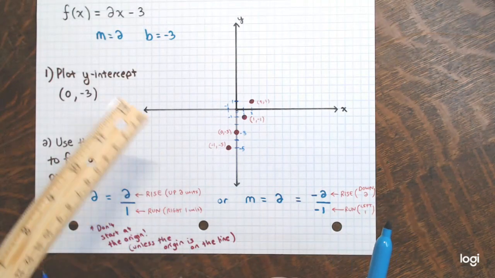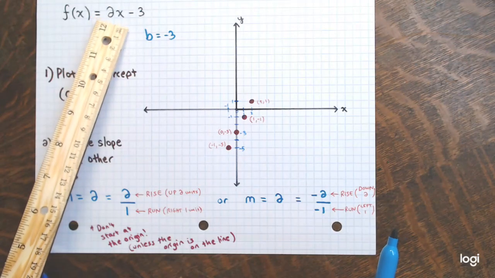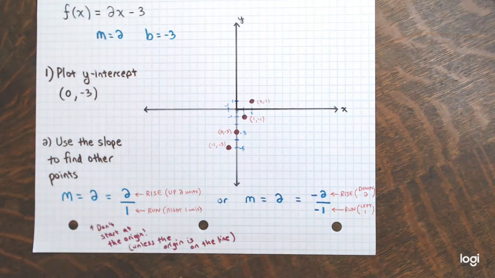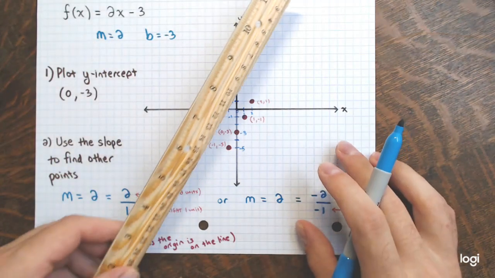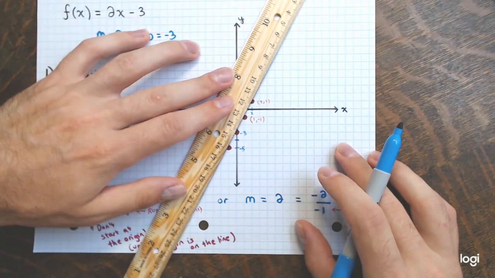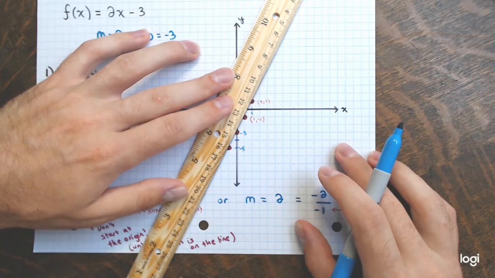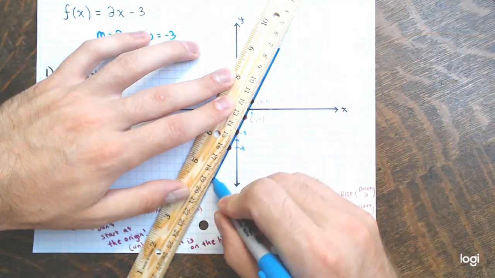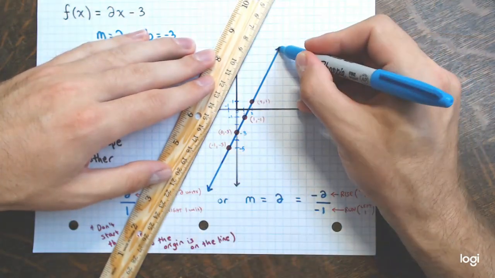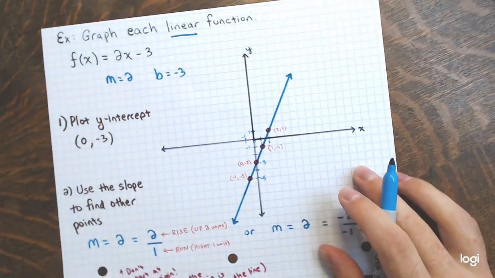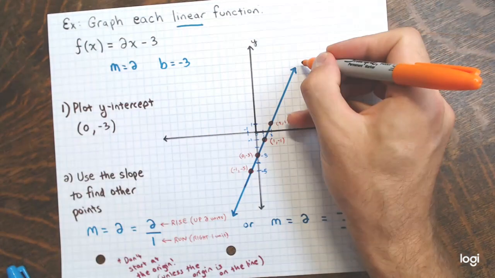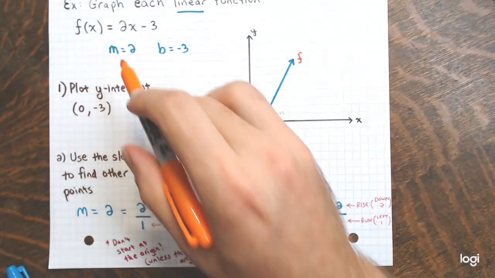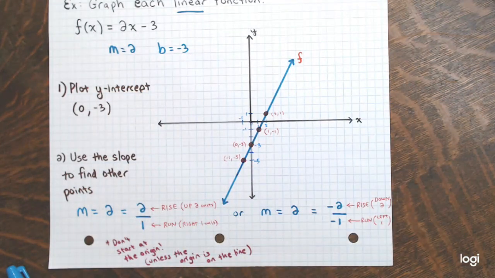And I know, because I have a function that's in this mx plus b form, from experience now that the graph is going to be a straight line. So a straight line going through these points here. Let's draw in the rest. I'm using a ruler. You don't have to use a ruler, but there's the graph of my function called f, all the solutions of this equation, all the ordered pairs that belong to this function.